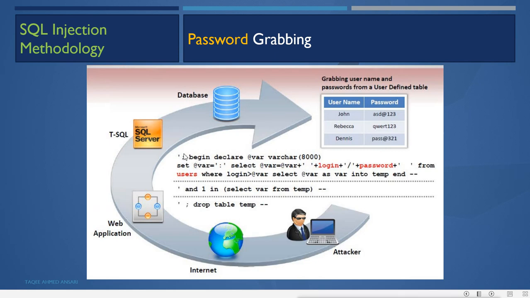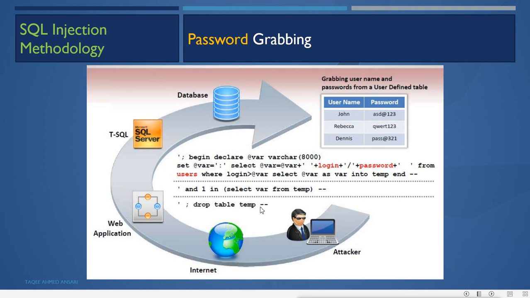This semicolon is to join the query with the existing query, and it will start like this: begin declare varchar this, set varchar is equal to this, and select this var is equal to var plus login plus password from users, where login var, select var as var into temp and this.